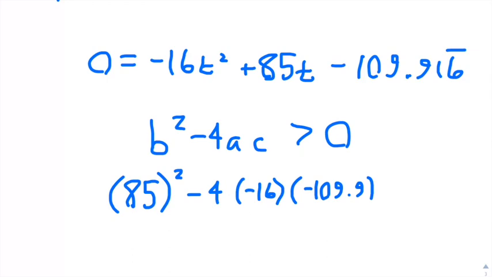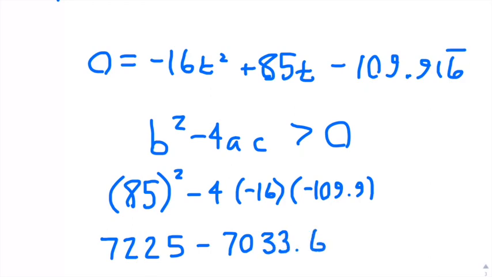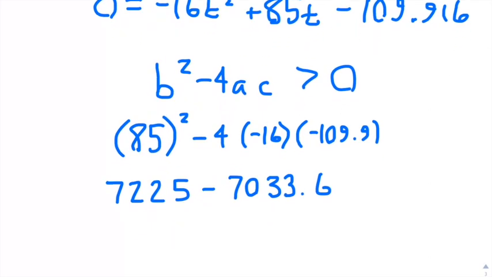So 85 squared, if I type it right, that's 7,225. And 4 times 16 times 109.9 is basically 7,033.6. And obviously when you subtract those two, it's going to become a positive number: 191.4.